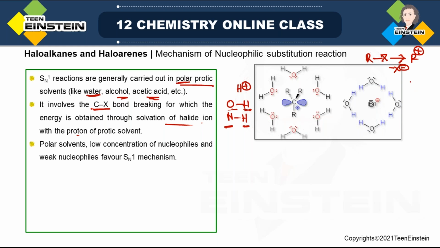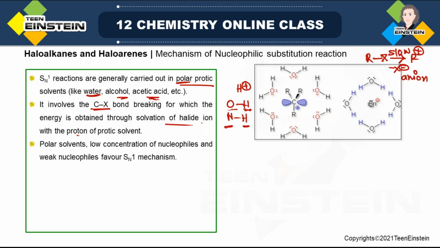That means X minus is the anion, and R plus, which is basically the positive charge, you can call a cation. So if the solvent molecules can stabilize this cation and anion, then what will happen? This step will be fast, because this is slow, and our aim is to make it fast.